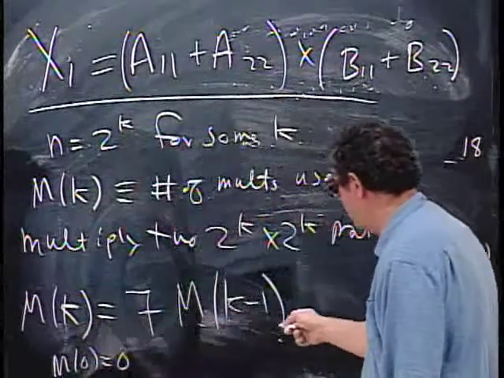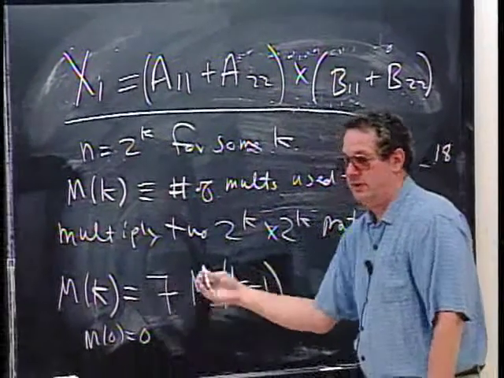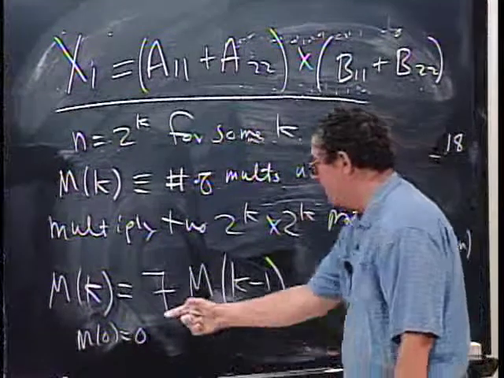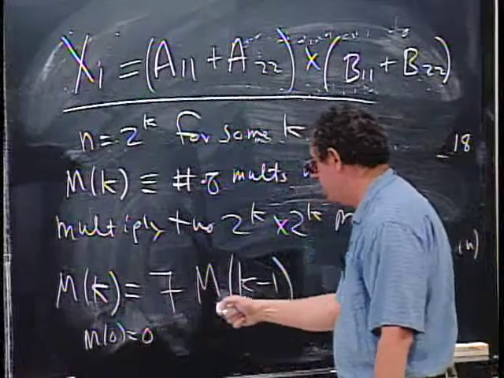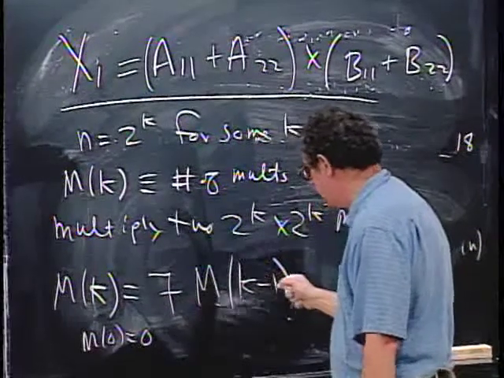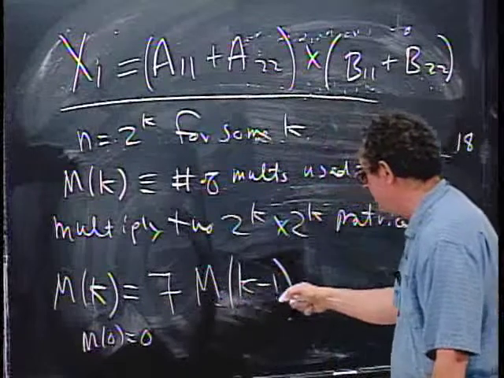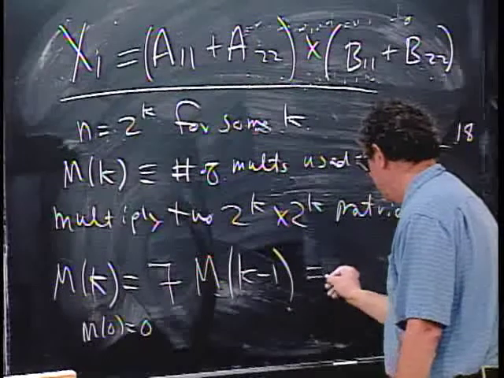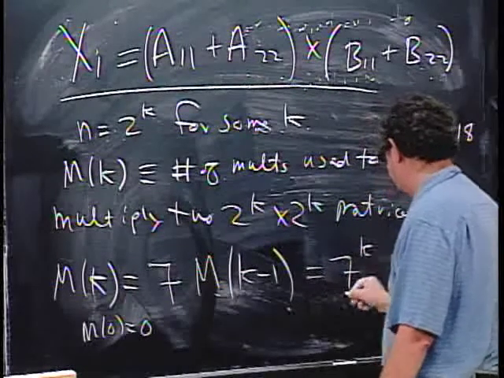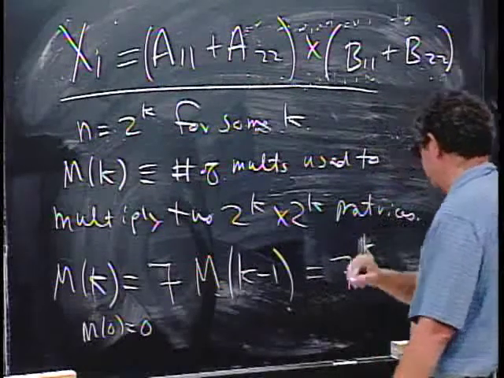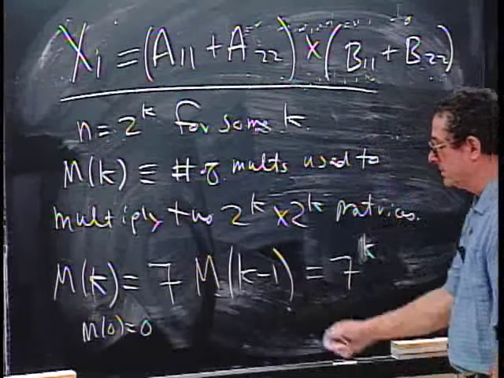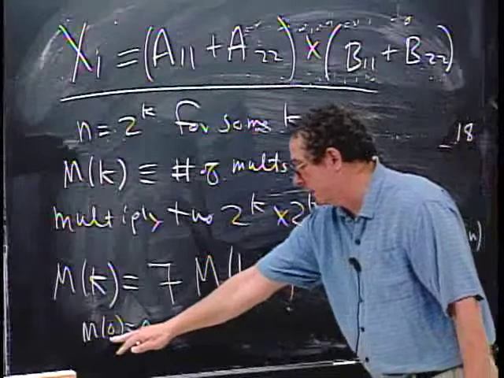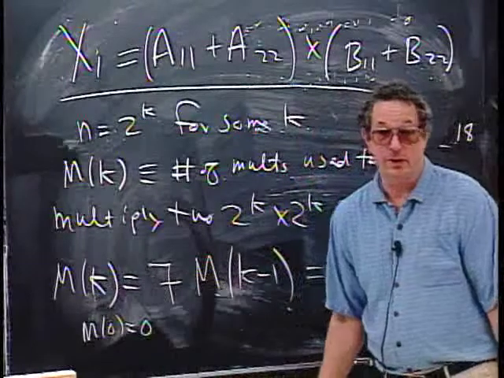Well, what does this solve to? Just think about unwrapping this. You could use the master method or something, but just unwrap this thing. We have 7 times M_{k-1}, which is 7 times 7 times M_{k-2}, etc. So this is ultimately equal to 7 to the k, unwrapping until we get down to 0, and we're going to do that k times.